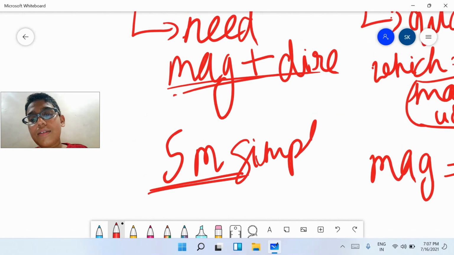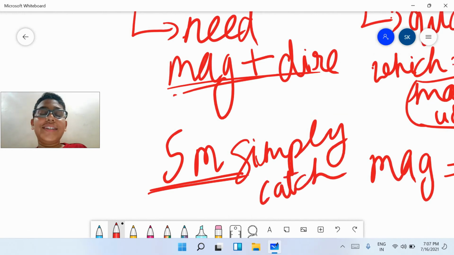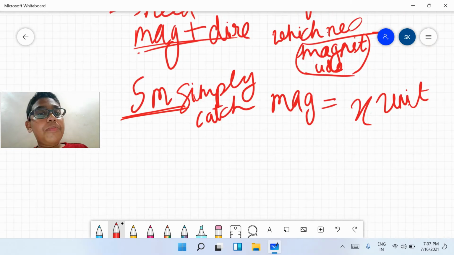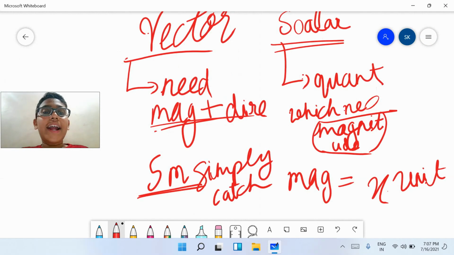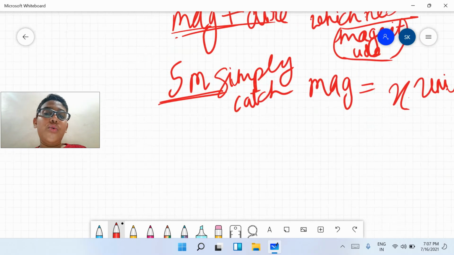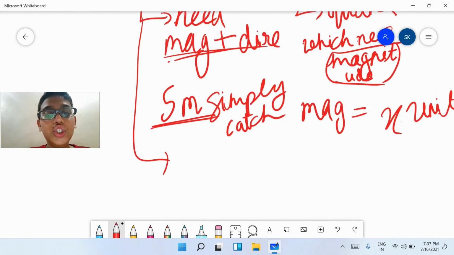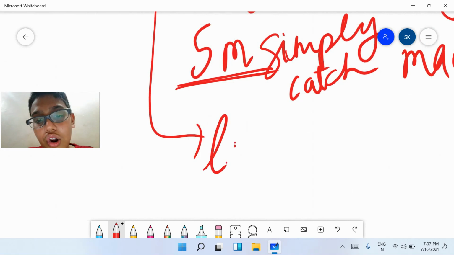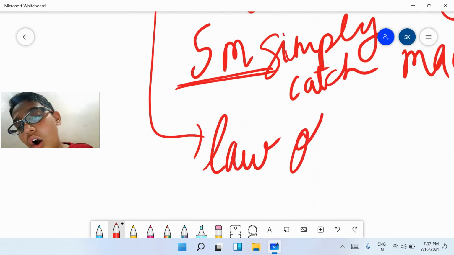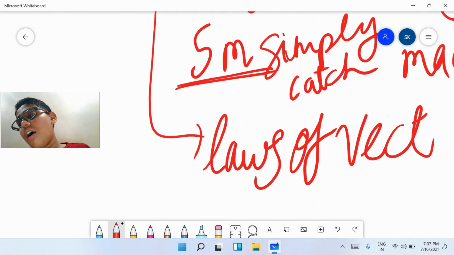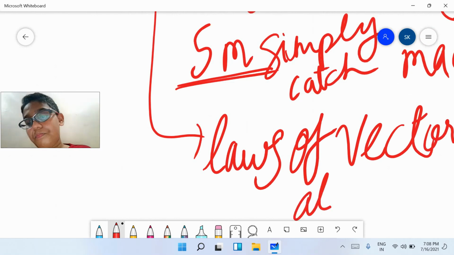One more important thing which you will further know is that not only do vectors need magnitude and direction, the quantities which we are calling vector quantities should also follow laws of vector algebra.